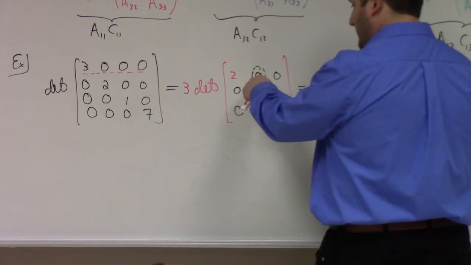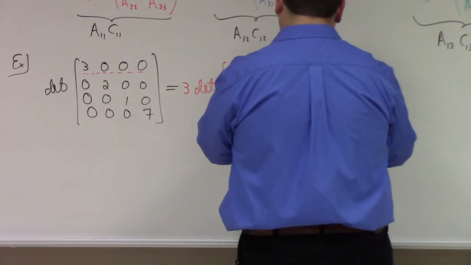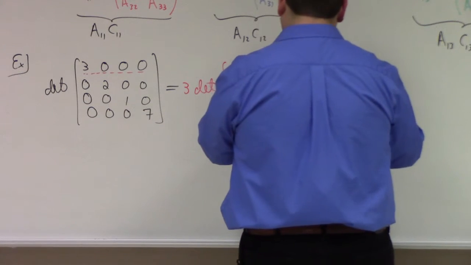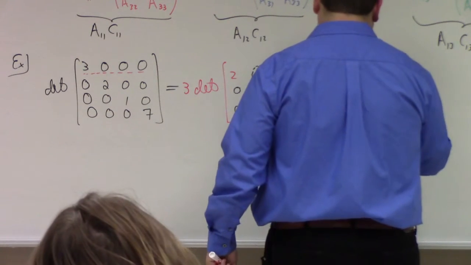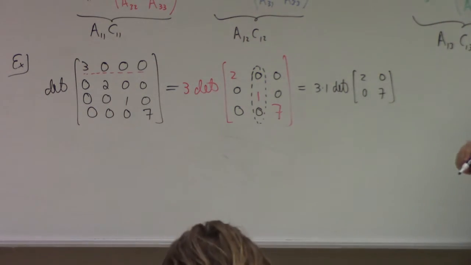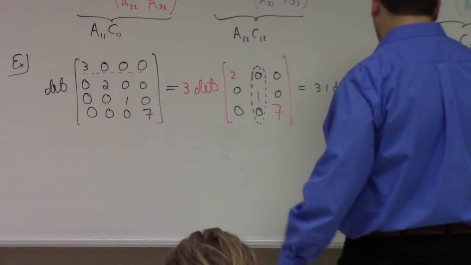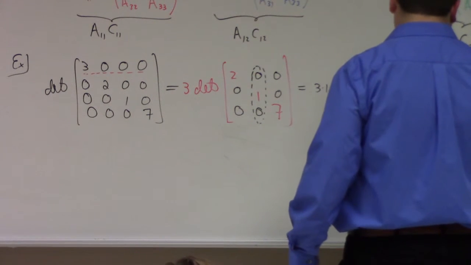Plus, minus, plus. It's plus again. So that's 1 times the determinant of everything not in the second row and second column, which is 2, 0, 0, 7. And then this is 2 by 2. I know the formula for that, right? 42. What do you know?